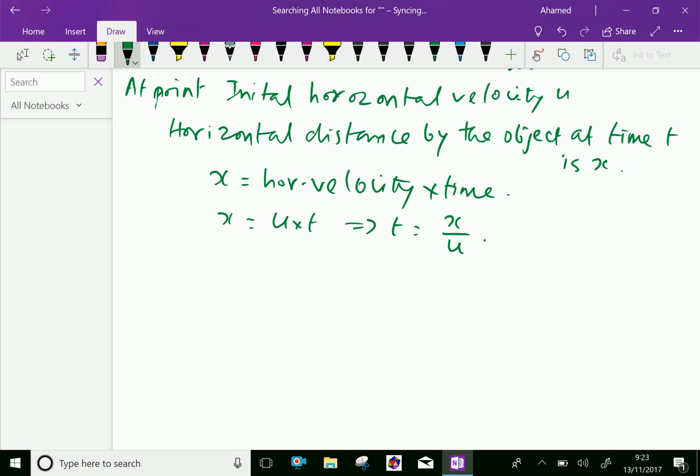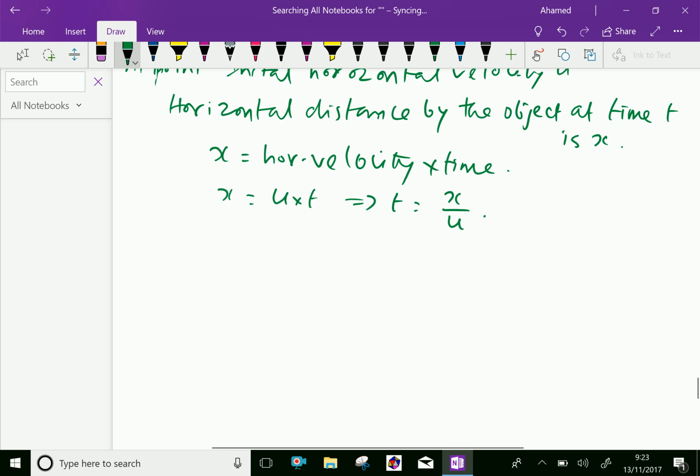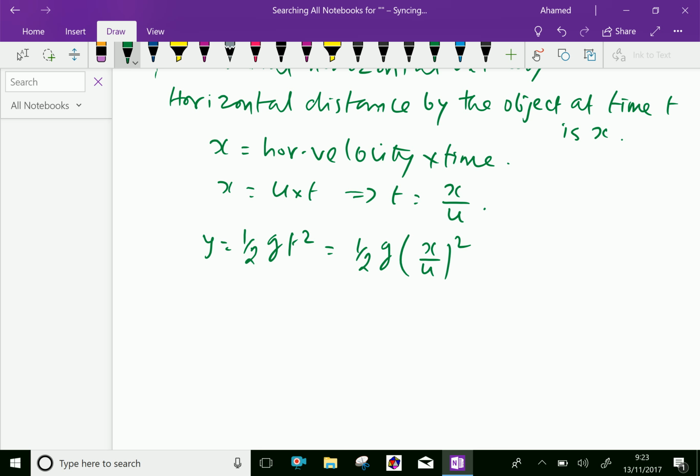Now we have the equation already, y equals half g t square, which further equals half g, substituting t as x by u whole square, which equals half g x square by u square.